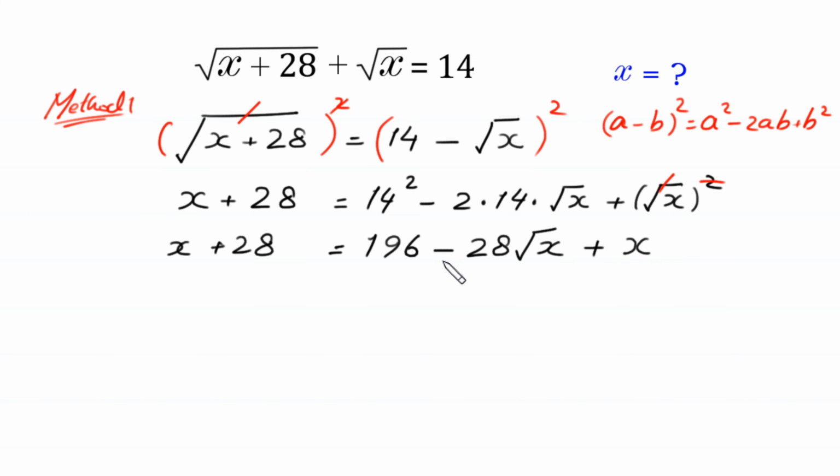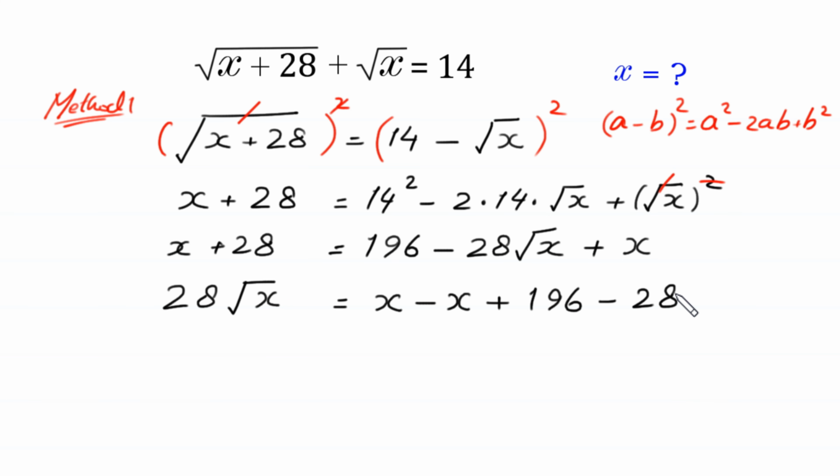Now we move this negative 28 times square root of x to the left side, and this x plus 28 to the right side. This negative 28 times square root of x becomes positive 28 times square root of x is equal to, we write this x first, x, and this plus x becomes negative x at the right side, plus this 196, and this plus 28 becomes negative 28 at the right side.